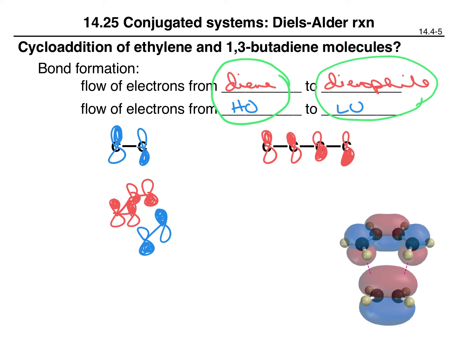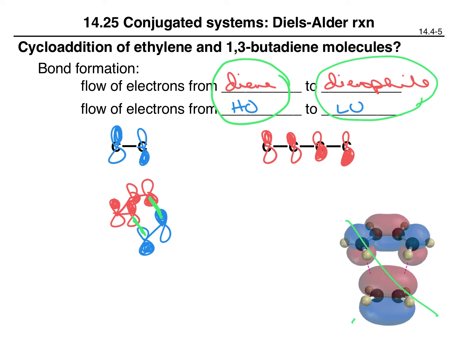But notice what this gives us. Our p orbitals can align so that these are in phase and so that these are in phase, right? If you had one of them dark, one of them light, then that would be out of phase. But this way, the p orbitals can come together end to end in phase, and that allows for the sigma bond to form. Right, so we have in-phase orbital overlap, allowing the reaction to occur.